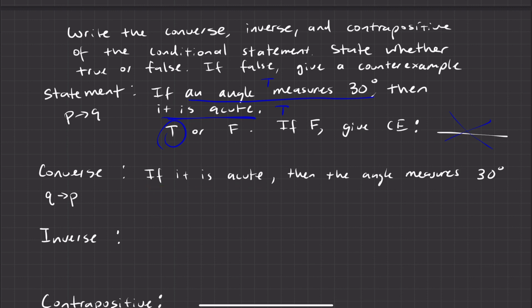Yes, absolutely. So an angle can be acute. But if an angle is acute, does it imply that the angle measures 30 degrees? No. And the reason being, and I'm going to rephrase this, if it's acute, does it strictly mean that the angle measures 30 degrees? Absolutely not, because here's my counterexample.